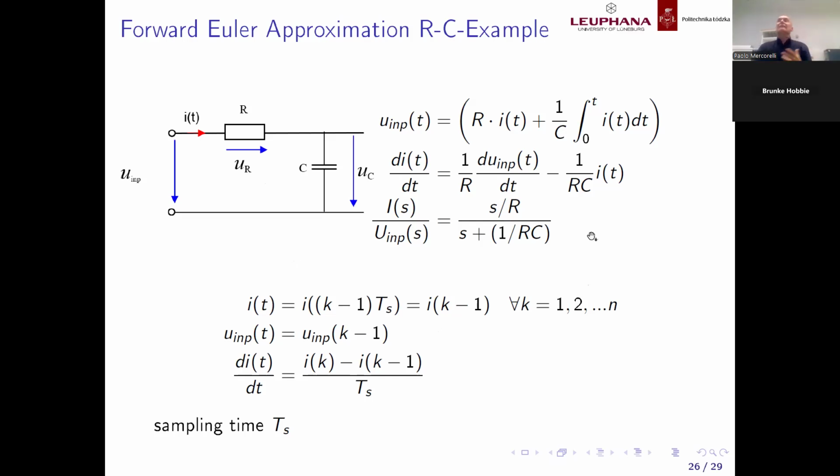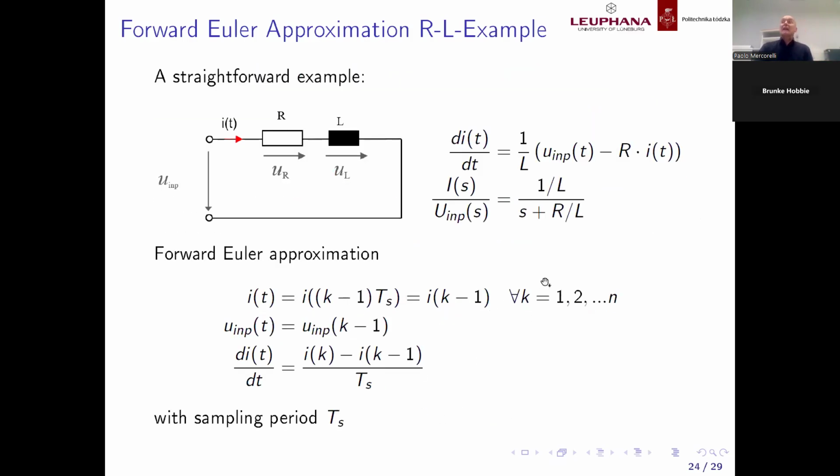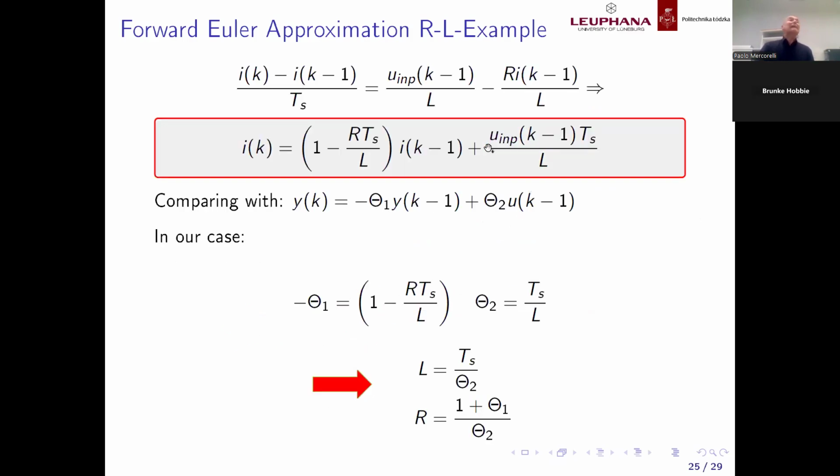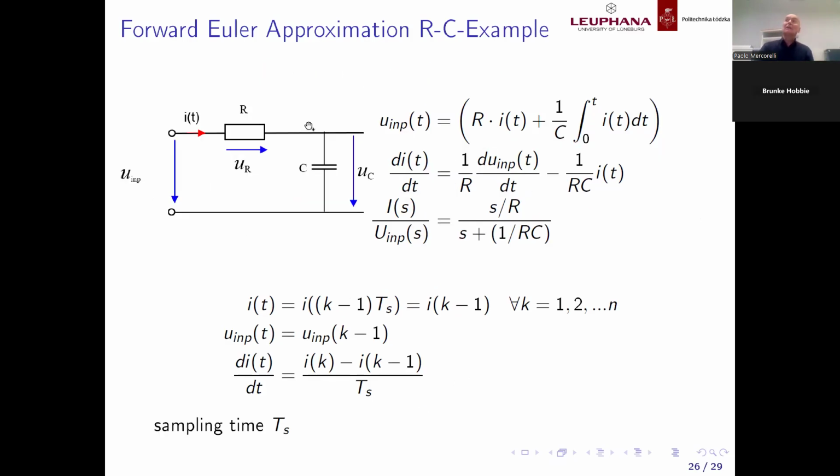Just roughly speaking, it depends really on the dynamics: how many derivatives I have, second derivative, a system of second order, but also how the input influences the output. If you close here with the battery, we have the current, which is our output. It changes, not continuously, we have a step in the current.